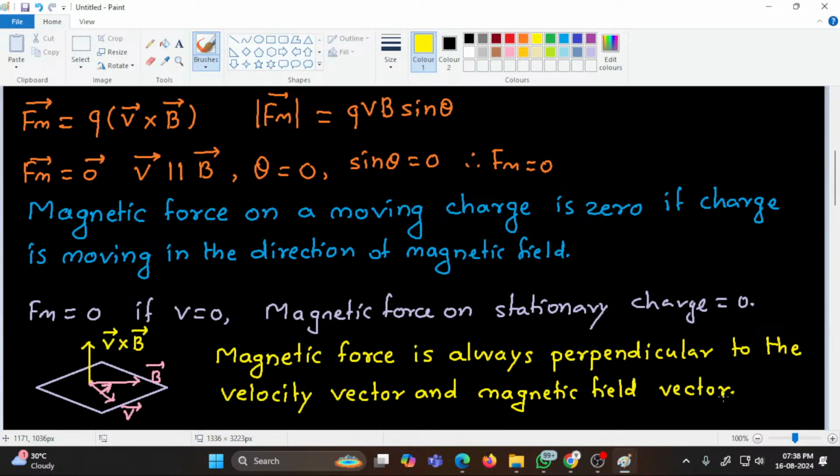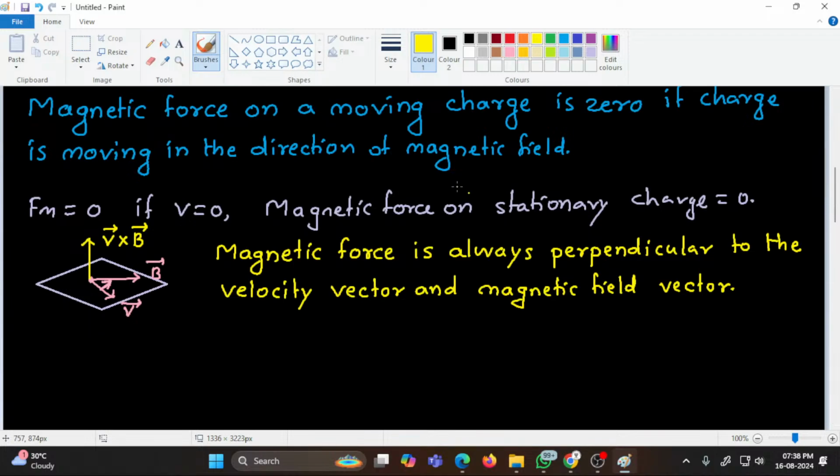So the magnetic force is always perpendicular to displacement. So magnetic force can never do the work on moving charges. We know that if the force is perpendicular to the displacement, it can do no work, as magnetic force is perpendicular to velocity. Velocity म्हणजे displacement ला पण.